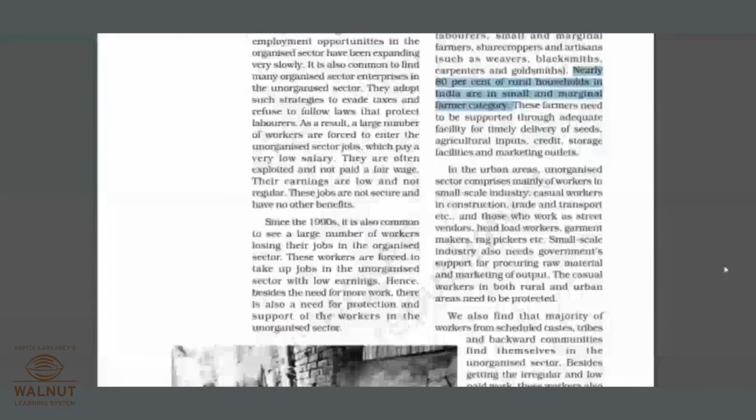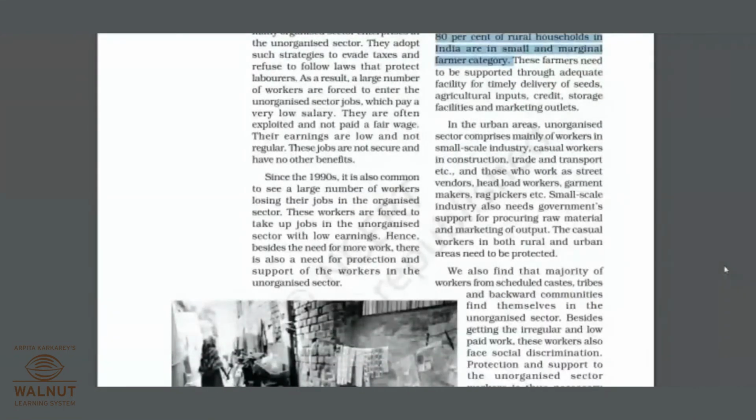In the urban areas, the unorganized sector comprises mainly of workers in small scale industry, casual workers in construction, trade and transport, etc., and those who work on the street as vendors.